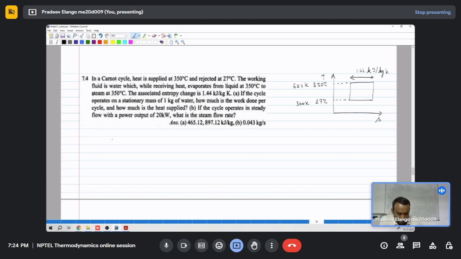So now we can calculate the Qin, that is temperature into delta S. So temperature is 623 Kelvin and delta S is 1.44 kilojoule per kg Kelvin. So we calculate Qin.